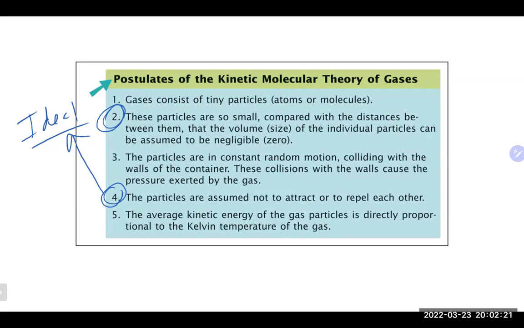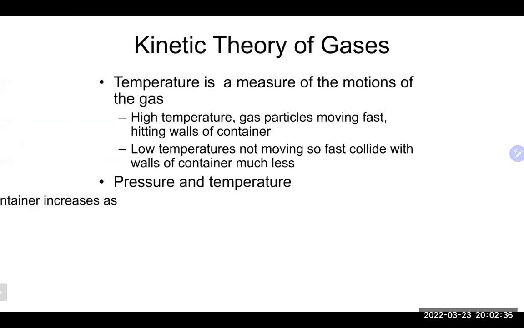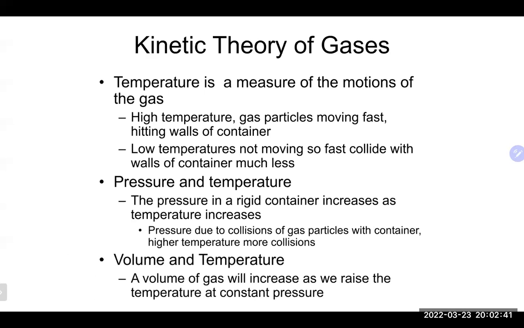Obviously, the average kinetic energy of gas molecules is related to the temperature. As the temperature increases, we expect the gas molecules to fly around faster, and as they slow down, they move slower at a lower temperature. Again, at high temperatures, they move faster with more collisions; at lower temperatures, there are fewer collisions.